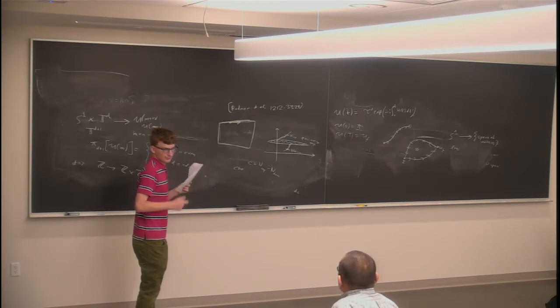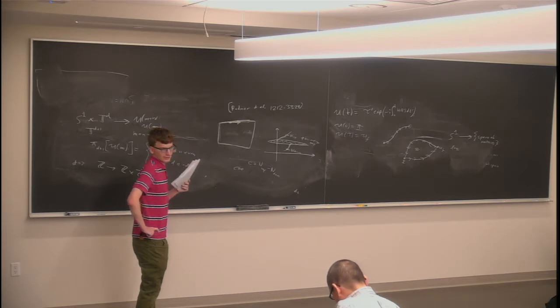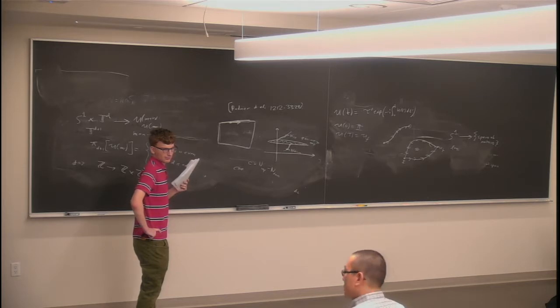So it's only useful to claim that UF is different from identity. Sorry? There's a gap. This is only useful to claim that UF is different from identity. Sorry, can you say that again? The assumption that there's a gap is only used to guarantee that UF is different from identity.